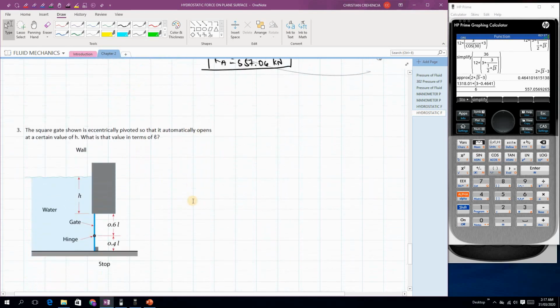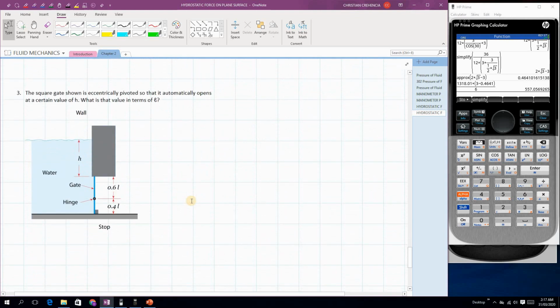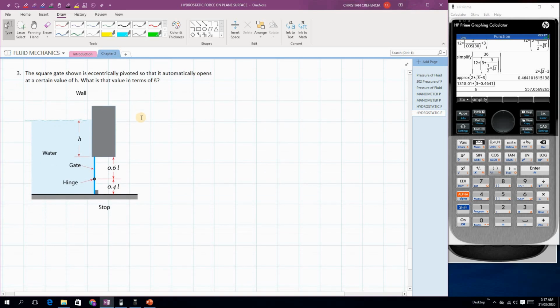Okay, so let's proceed dito sa ating last example. Okay, so, the square gate shown is centrically pivoted so that it automatically opens at a certain value of h. Okay, so what is the value in terms of L?